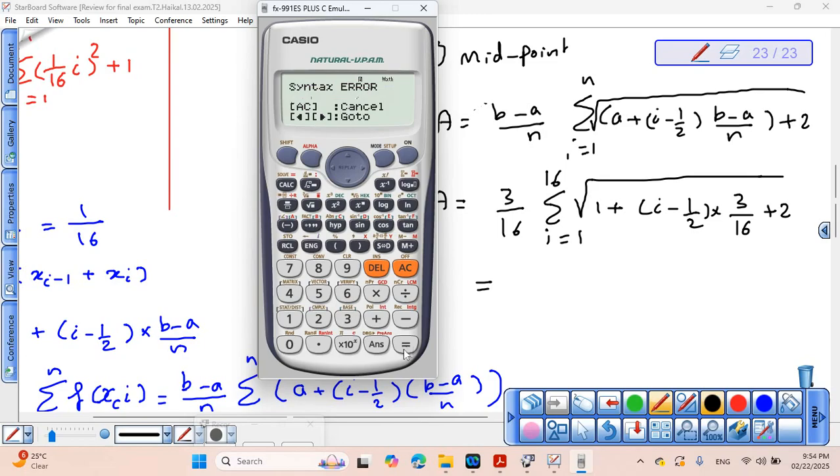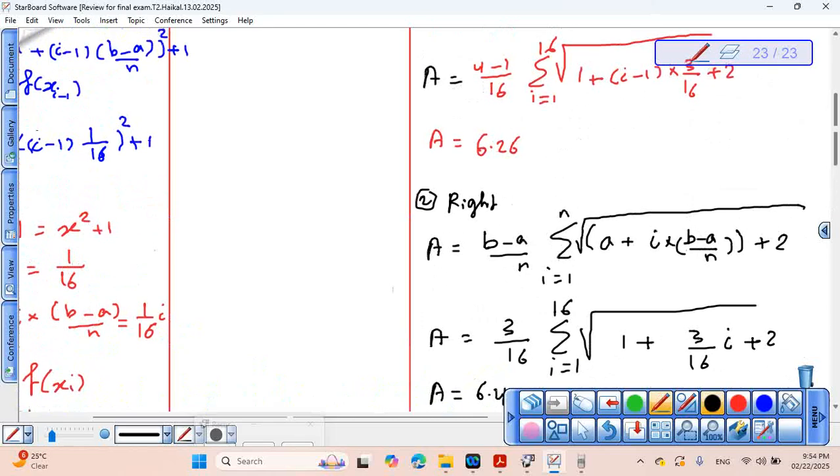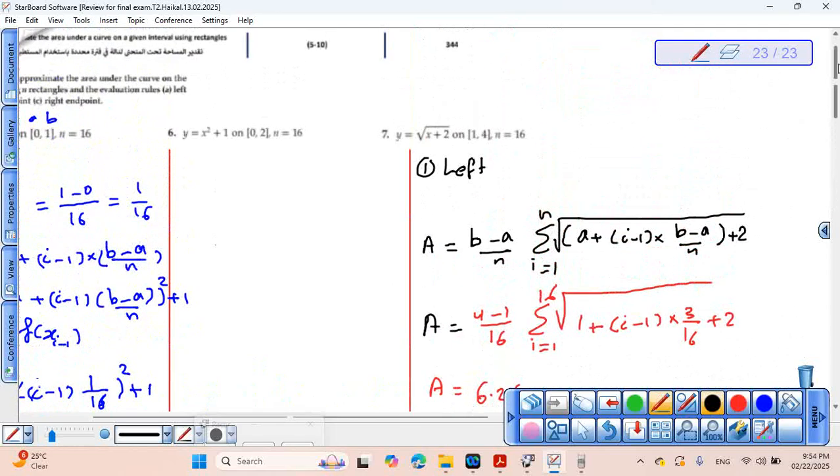Maybe you should write from 1 to 16. Don't forget it. The answer is 6.33. That's it. You can solve any question using this general formula by using calculator, because this question is multiple choice.